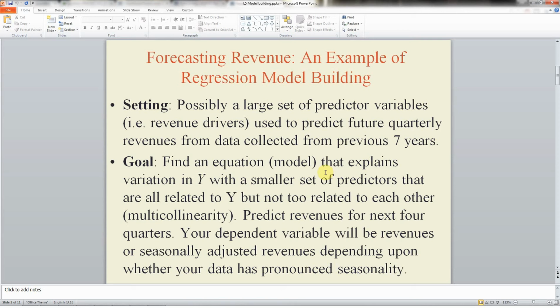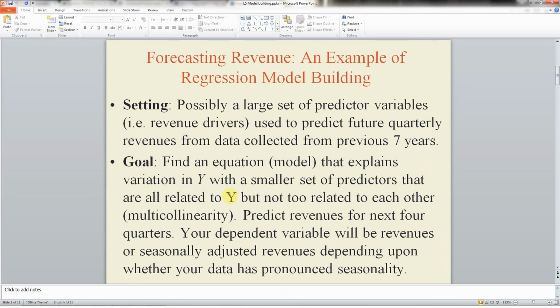So when the independent variables have too much relationship to each other, they can cause problems, because just like with the friend that we're both friends with, we may be competing for that friend's attention. In regression, independent variables that are too correlated to each other will compete for fitting the data to the dependent variable. That throws things off. It makes things less significant and a little difficult to work with.